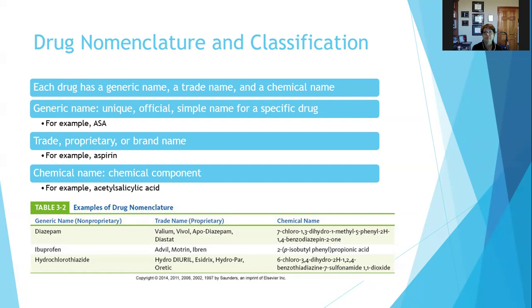same chemical. So the drug nomenclature can kind of be confusing, but a lot of times the generic name is the one that's more often used, which I think simplifies it a little bit, because you can't be spouting off those chemical names. Well, you can if you want to, but it's a little easier to have the generic name.